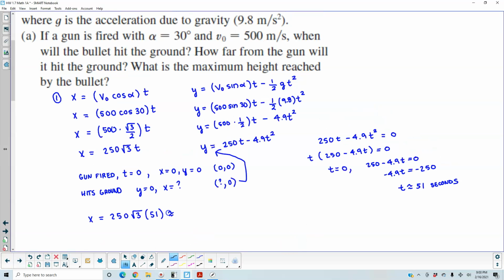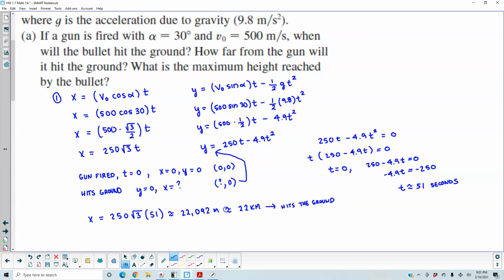And so that is approximately 22,092 meters, which is approximately 22 kilometers. So that means it hits the ground at 22 kilometers.